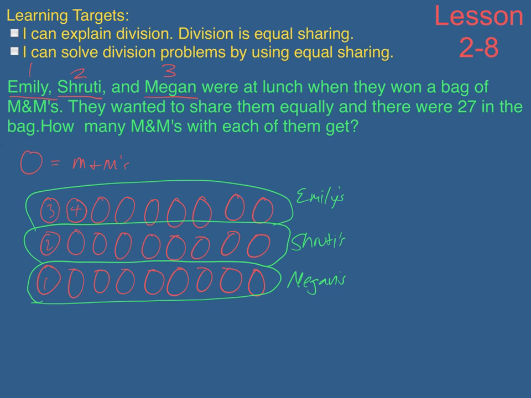Because I identified those in rows, now I know how many each one of them will get. I simply need to count now. 1, 2, 3, 4, 5, 6, 7, 8, 9.